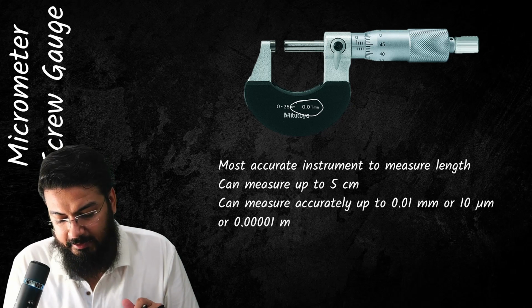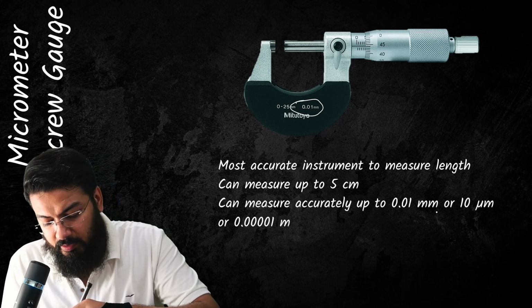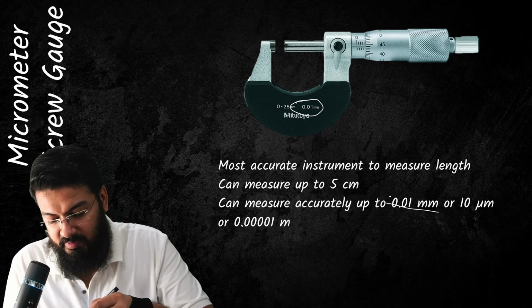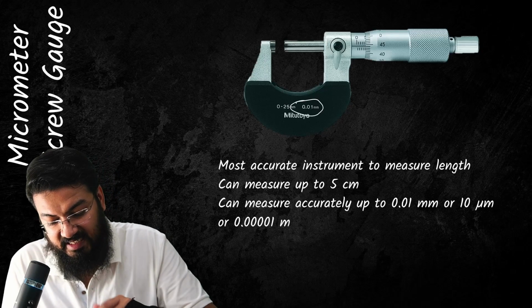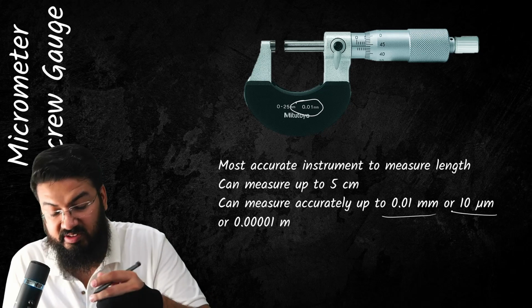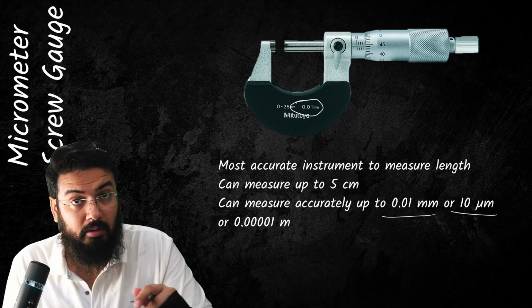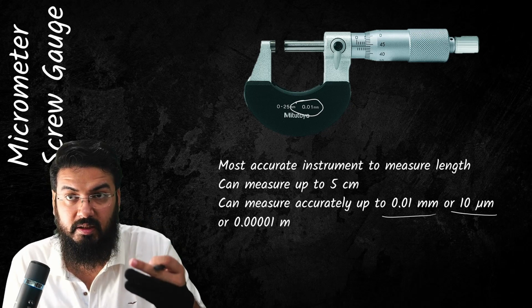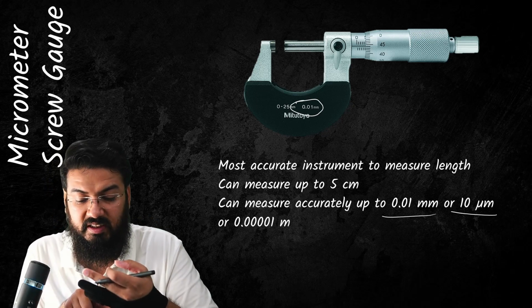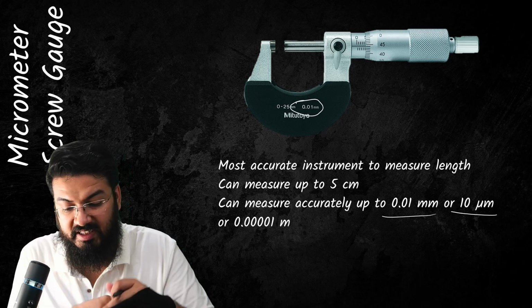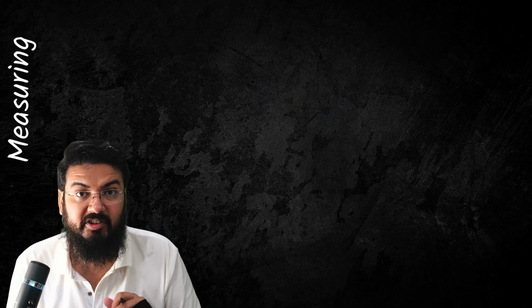All right, and it's accurate up to 0.01 millimeters, which is exactly 10 micrometers, and that's why we say that it can measure in micrometers. All right, so these right here are the three instruments that you can use: vernier caliper, meter rule, micrometer screw gauge, and then there is the measuring tape.